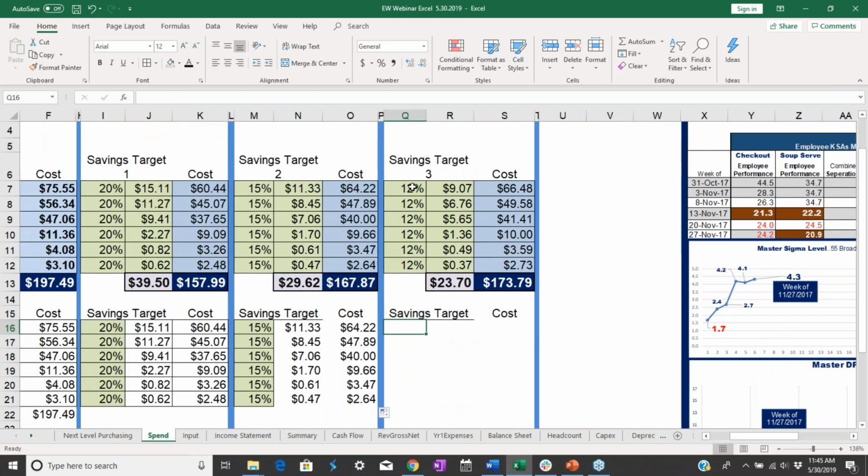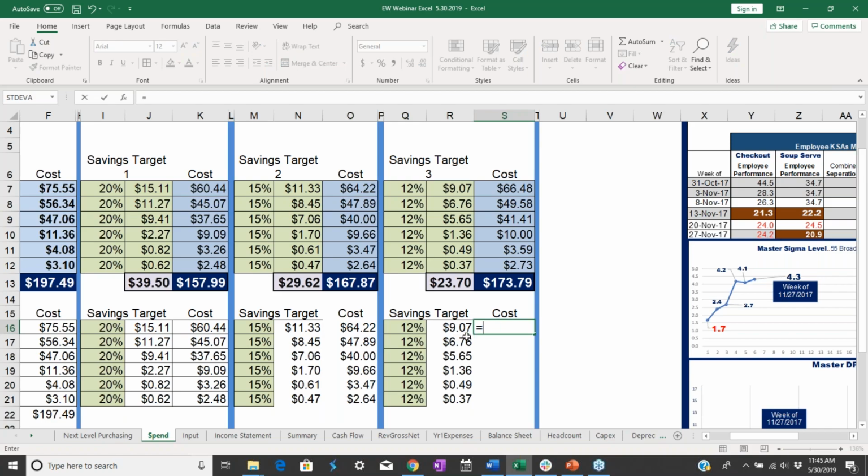I'm going to copy and paste, and then we'd apply the formula, 12%, to this, and drag the formula down, and the same for here. That would be equal to the original cost minus this cost reduction, and that would be the new price.